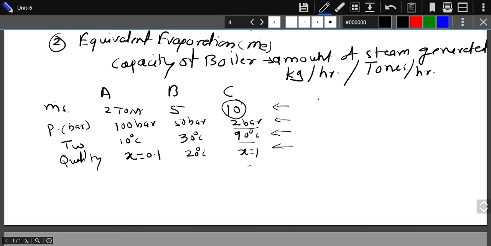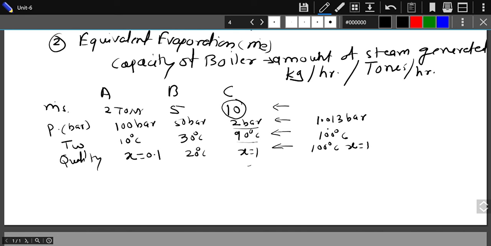Equivalent evaporation can be calculated like this. Suppose I am supplying water, and steam is generated at 1.013 bar, and I am supplying the water at 100 degrees centigrade, while I am getting the steam at 100 degrees centigrade with a dryness fraction of 1, which is nothing but dry saturated steam.